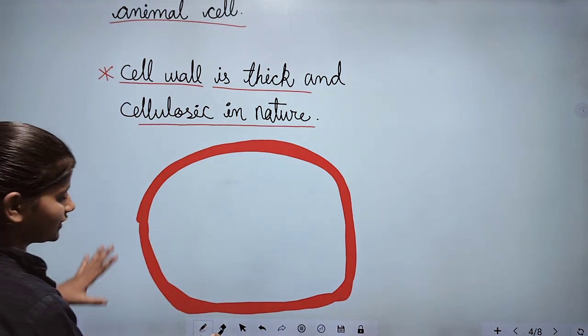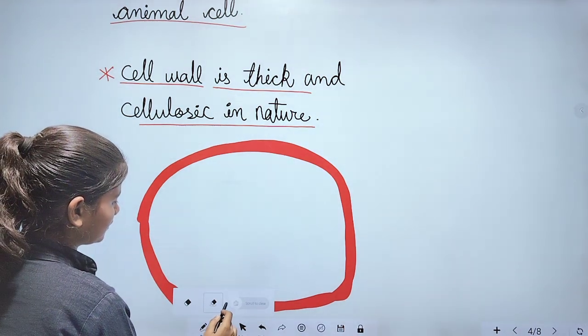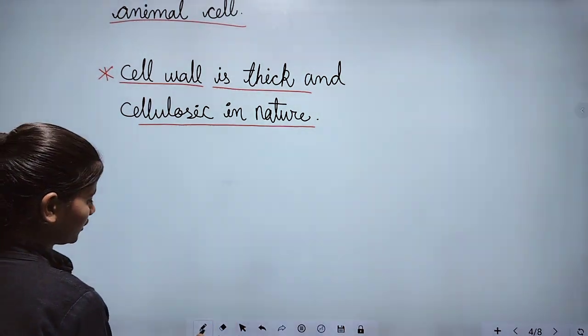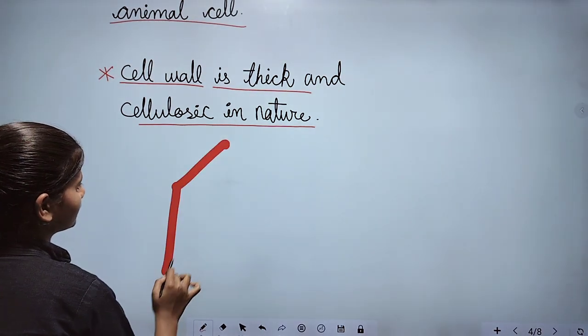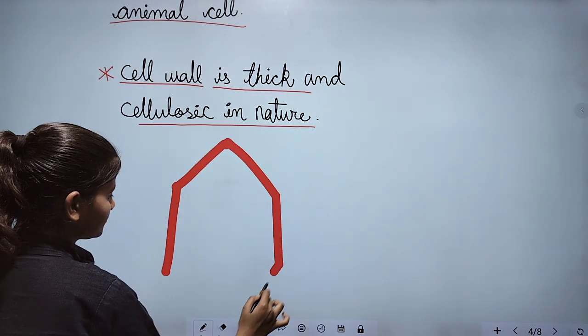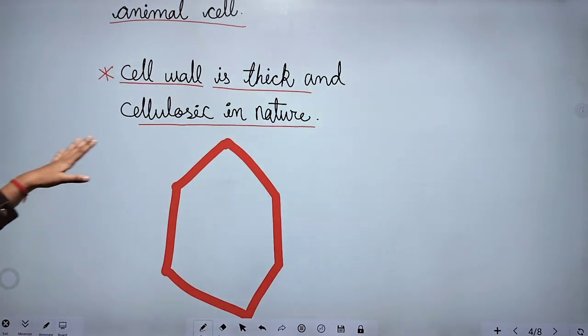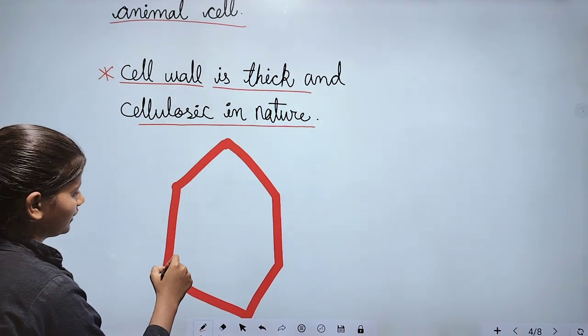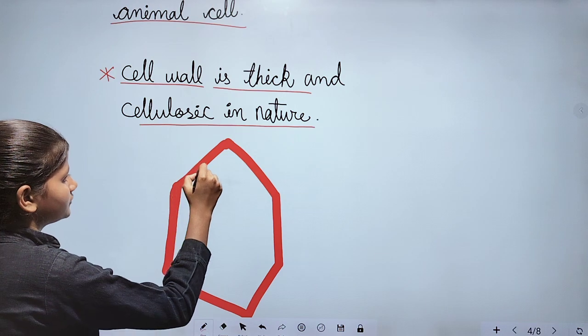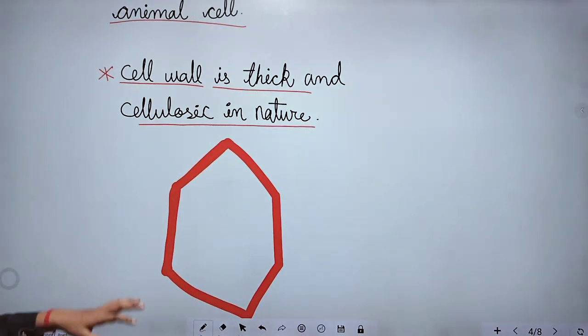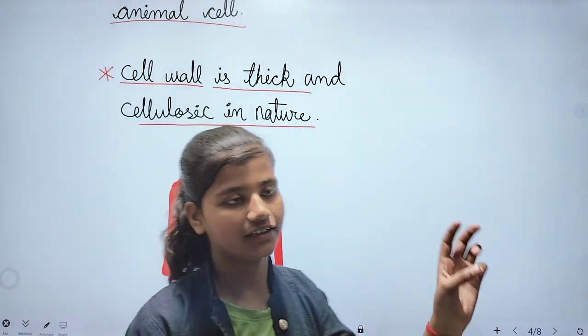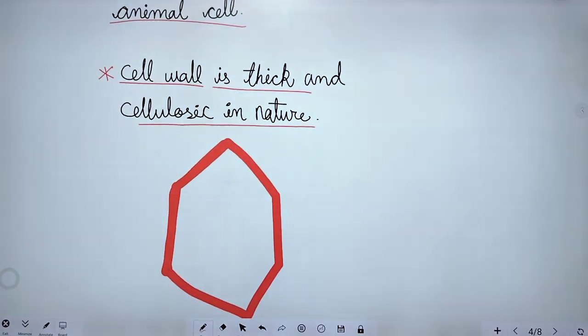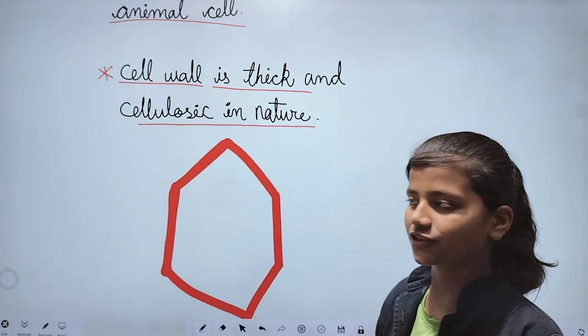Suppose this one is a plant cell, though a plant cell does not look exactly like this. The cell wall is divided into three parts: primary cell wall, secondary cell wall, and the last one, tertiary cell wall.